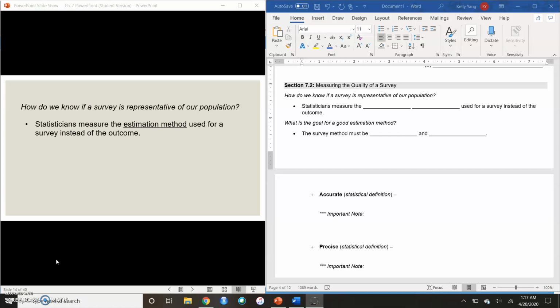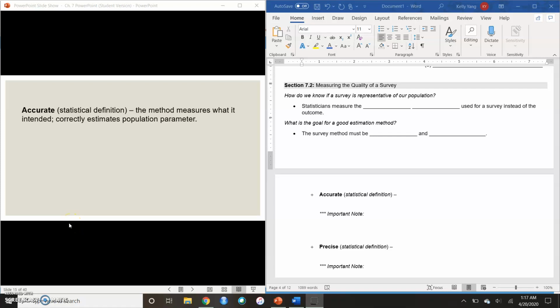What we want to look at is whether the estimation method is set up in a way that can yield accurate and non-biased results. So the goal for a good estimation method would be for the survey method to be accurate and to be precise.